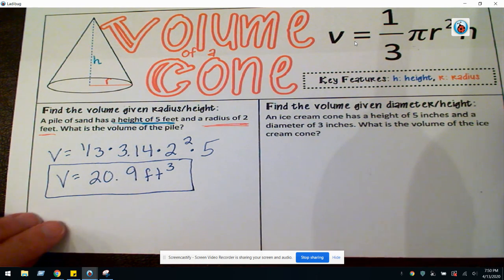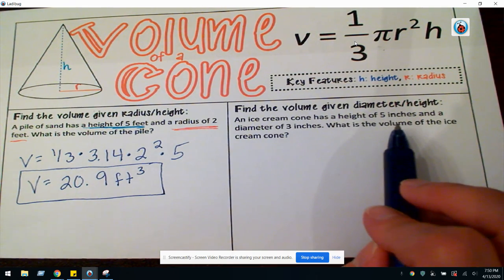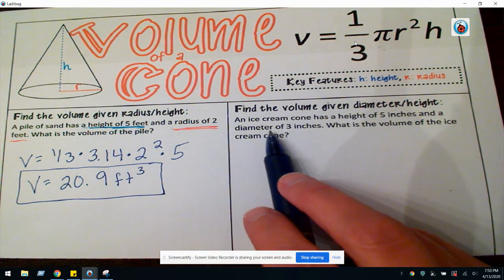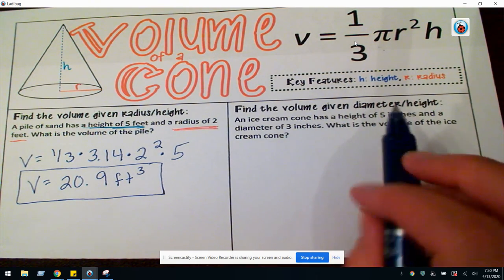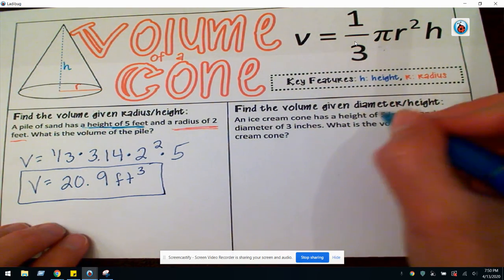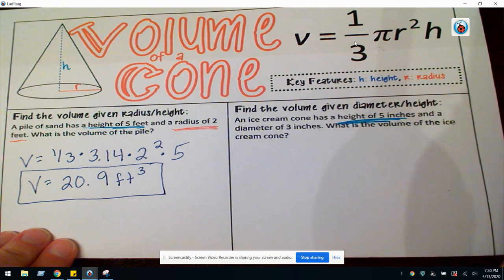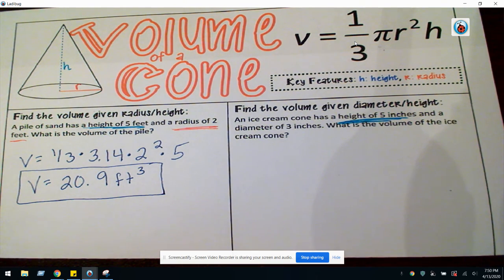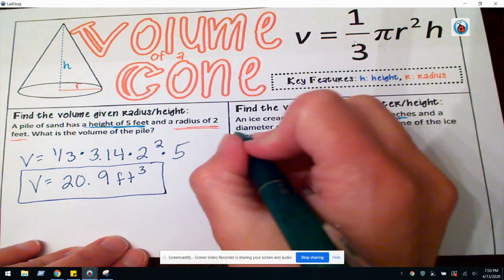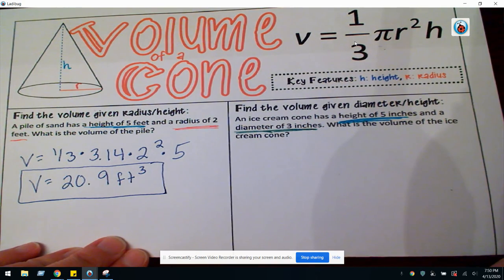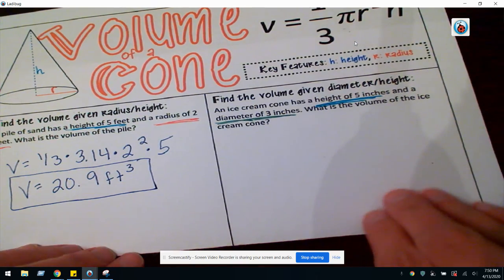All right, one more example here. This example is talking about an ice cream cone. Again, cone, so I used this formula. It tells me the height is 5 inches, and then it tells me the diameter. It says the diameter is 3 inches, but I don't use diameter in my formula.